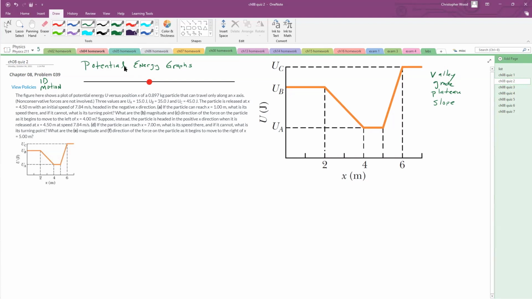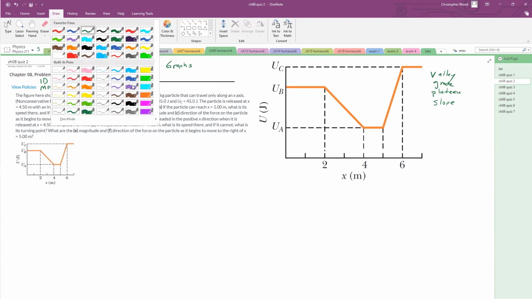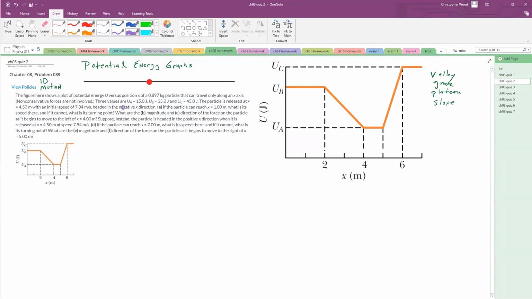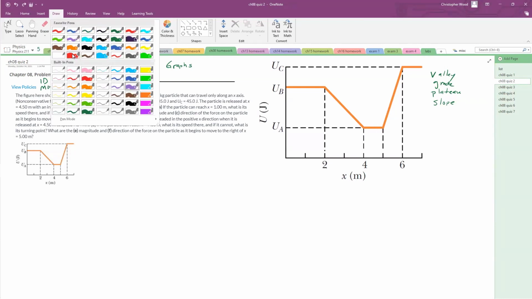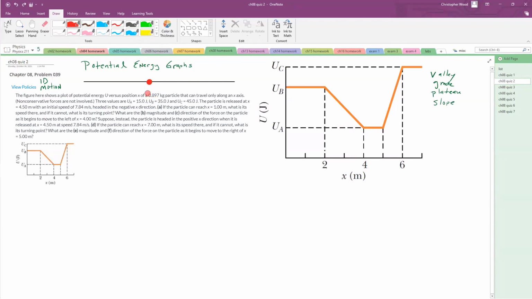So what's going on here is I have a particle. This particle is sitting right here. According to my numbers, the particle is sitting precisely at 4.5 meters. The particle is released at x equals 4.5 meters, which is maybe right about there. So this particle, maybe I'll use red since I'm using a red glass bead as the analogy.